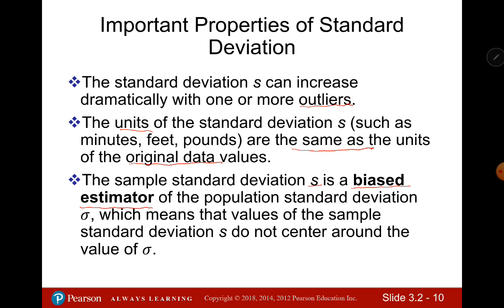What's the meaning of biased estimator? Let's check together. The values of S, this is our estimator, S, do not center around the value of sigma. So it's not centered around sigma. It is biased.